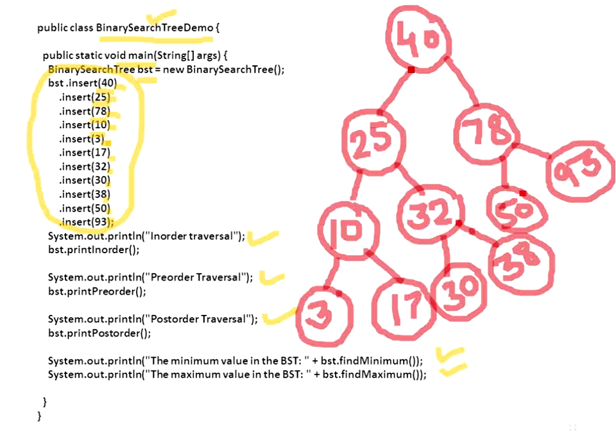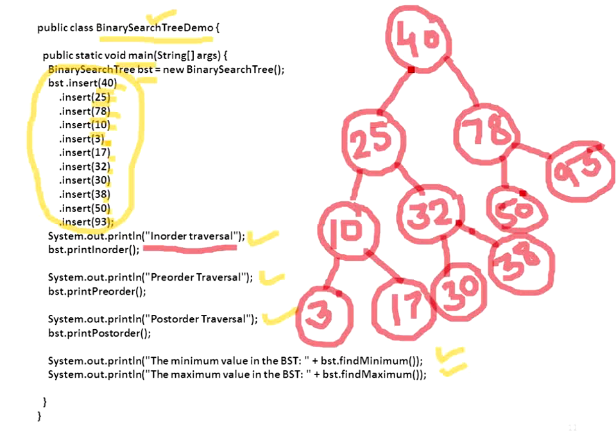Now next is what will be the output of this program? First of all, this program will print in-order traversal. And what will be the in-order traversal of this binary search tree? Just find it out and tell me. In in-order traversal, you know we have to visit left subtree first, and then root, and then right subtree.